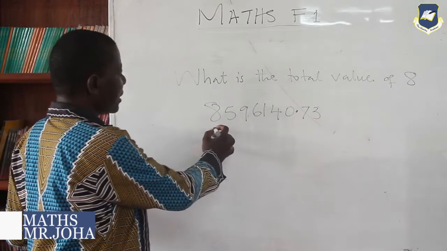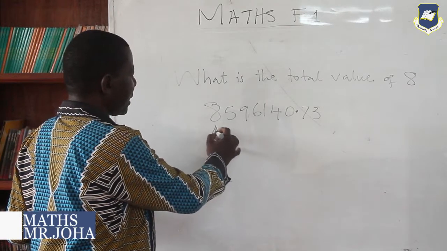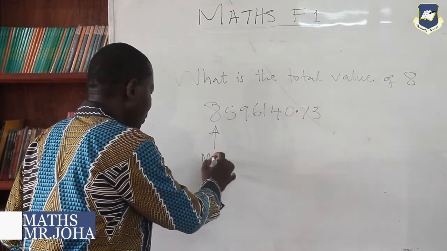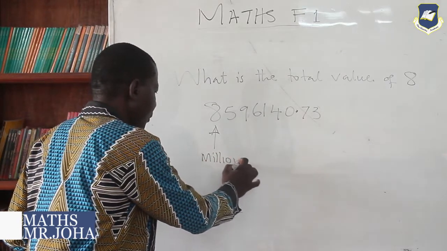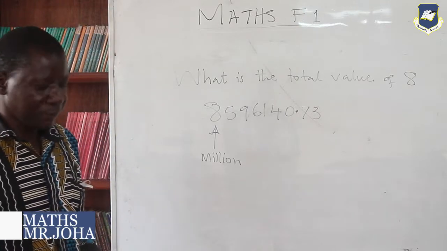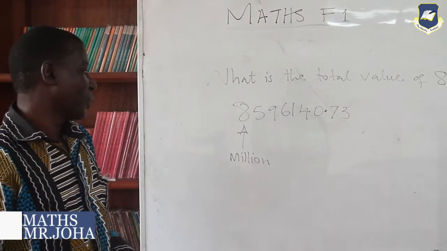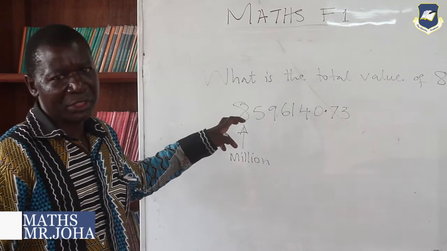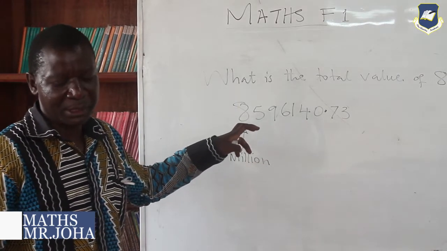If we look at this number, 8 appears in the place value of million. So we are going to take 1 million, that is its place value, multiplied by the digit itself. The digit is 8.